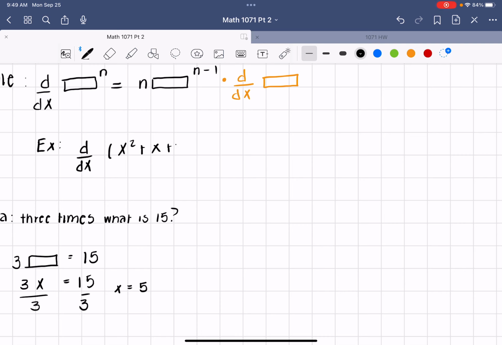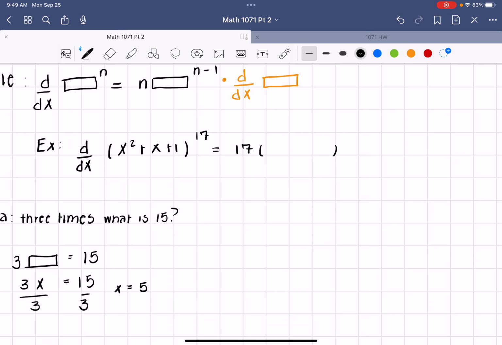So what you do is the chain rule. And the chain rule says, look, step 1, ignore the inside of the parentheses. Just call it box. So if you've got box to the 17th, what do you say? 17 box to the 16th.